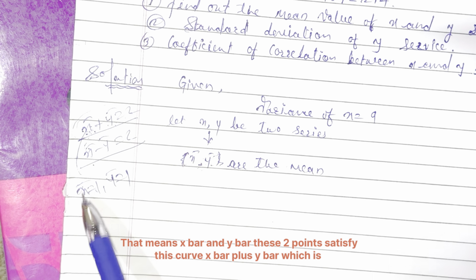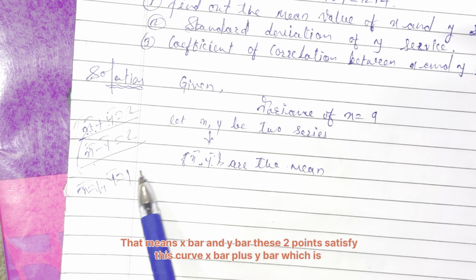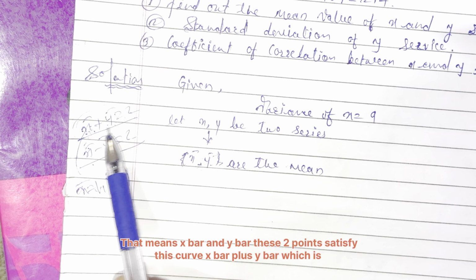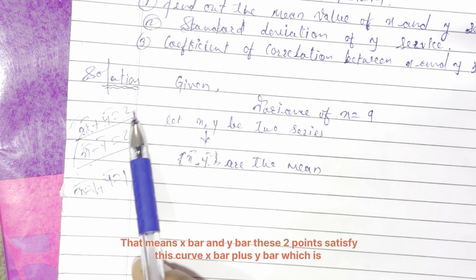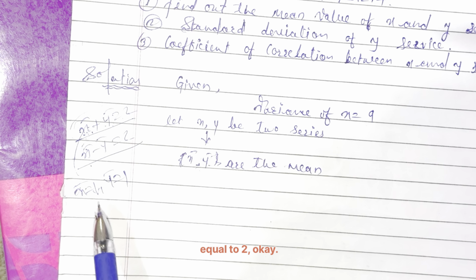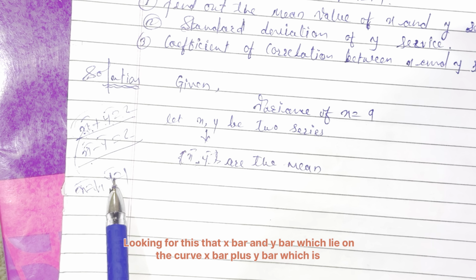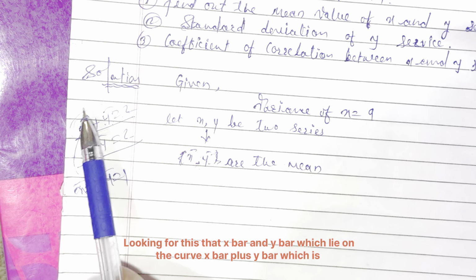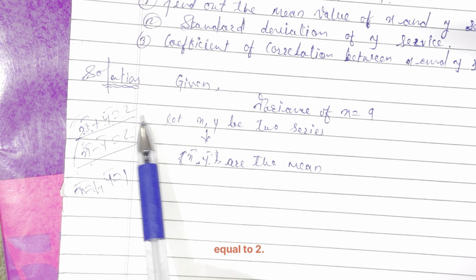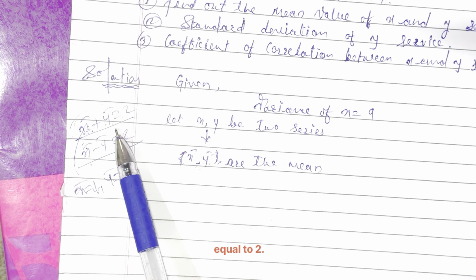That means these two points satisfy the curve x bar plus y bar equal to 2, meaning x bar and y bar lie on the curve. If you want, you can plot the curve and check whether 1 and 1 comes here or not. Obviously 1 and 1 both will lie on that curve.